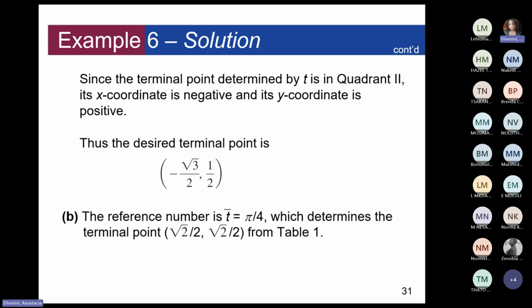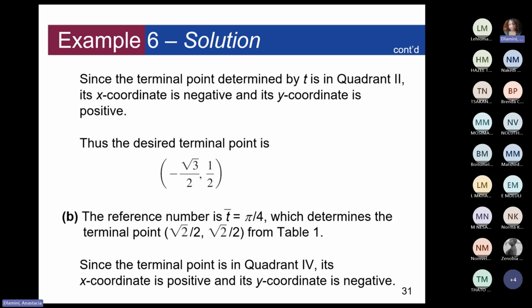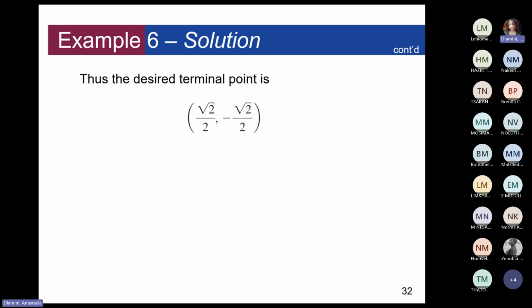Same, they're applying here that the reference number we found was pi over 4, which determines that it's root 2 over 2, root 2 over 2. And then we go and determine the quadrant, which is the fourth quadrant. It means that the y value of the fourth quadrant will be negative. So then this will just be the negative there. There we go.